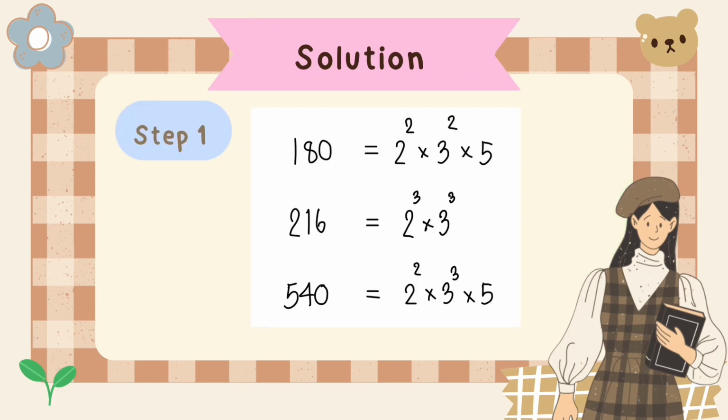540). Solution: Step 1. Express the numbers 180, 216, and 540 in their prime factorization. 180 is 2 power 2 times 3 power 2 times 5, and 216 is 2 power 3 times 3 power 3, and 540 is 2 power 2 times 3 power 3 times 5.